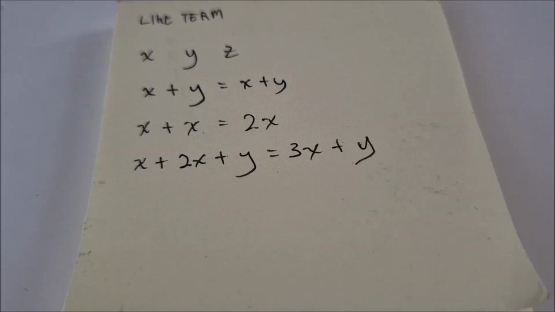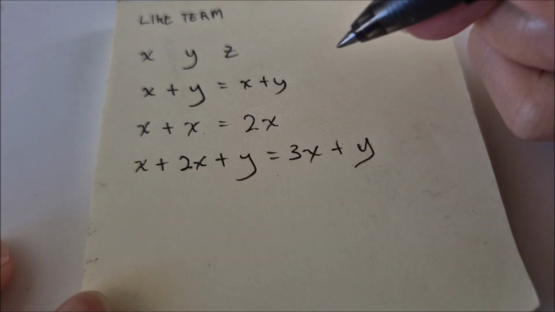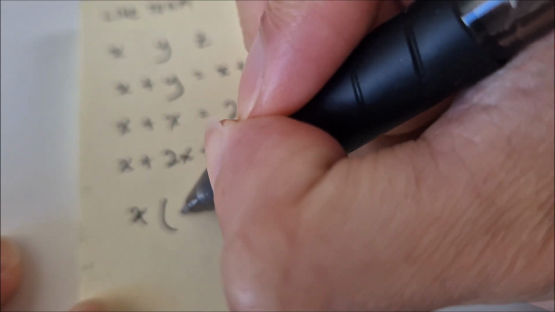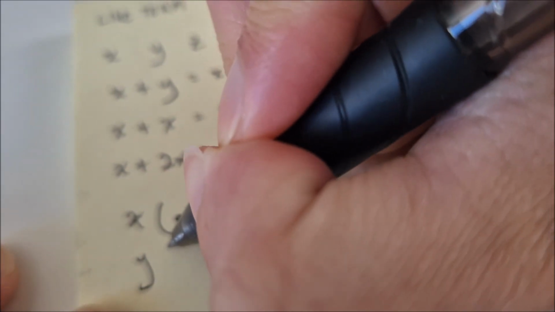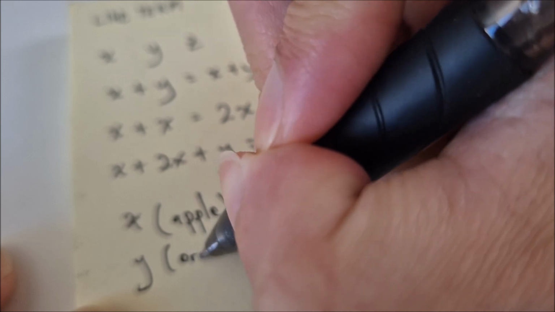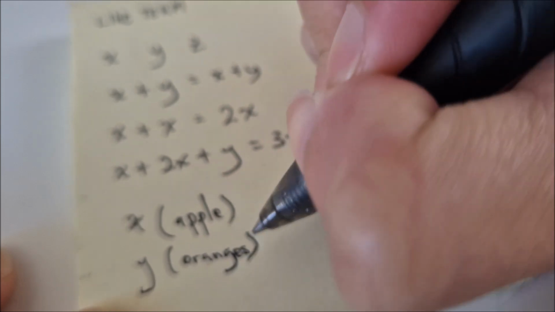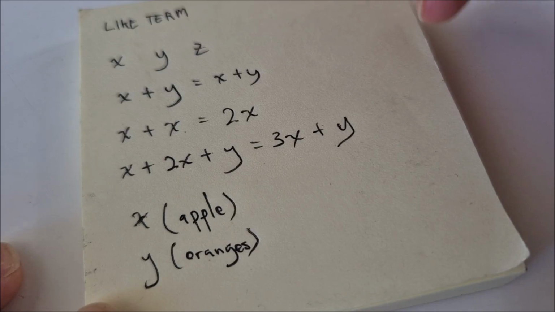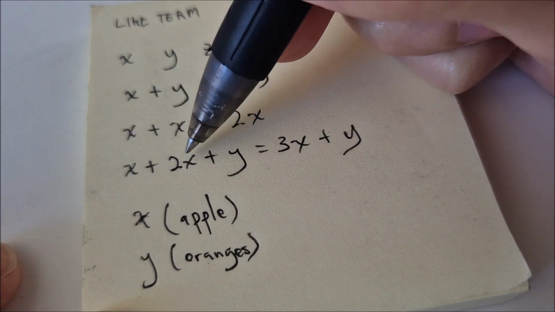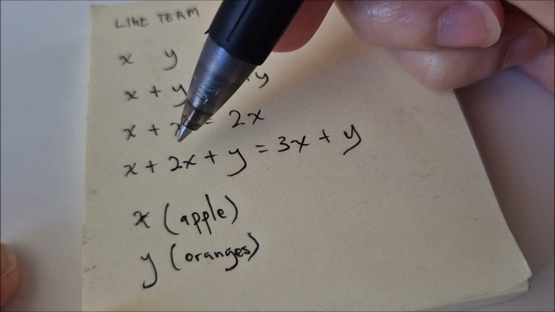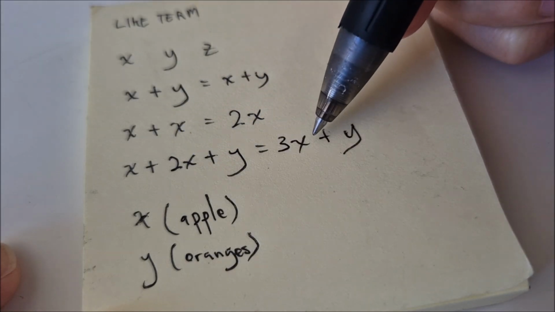The way to think about it is x could represent a type of fruit, say apple, and y could represent oranges. And so if you have an apple here and 2 apples, well, you simply have 3 apples.